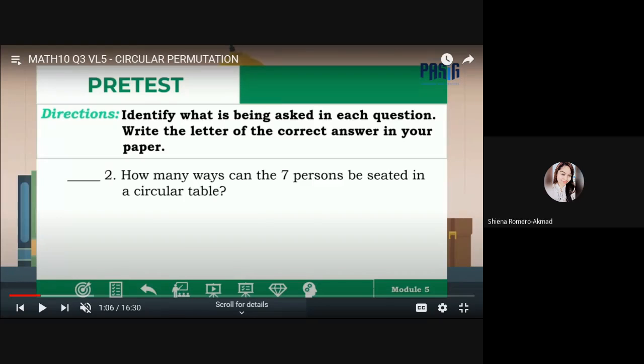What is n minus 1? 7 minus 1, 6. That is 6 factorial, which is 720 po. Ma'am, 720. Correct.